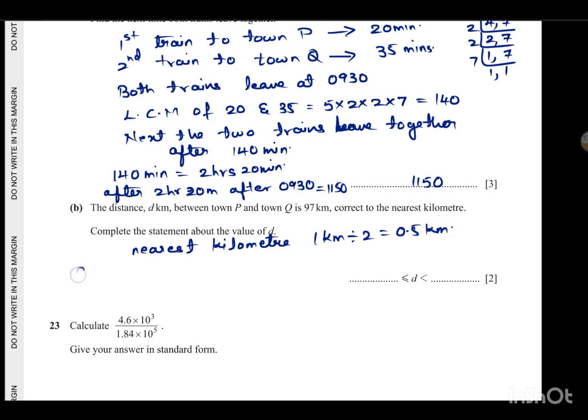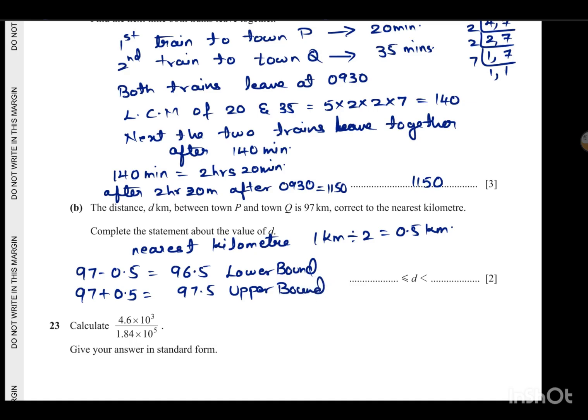Now this has to be subtracted from 97. You will get the lower bound, 96.5. Then add this, you will get the upper bound. Write 96.5 and 97.5, the lower and upper bound.